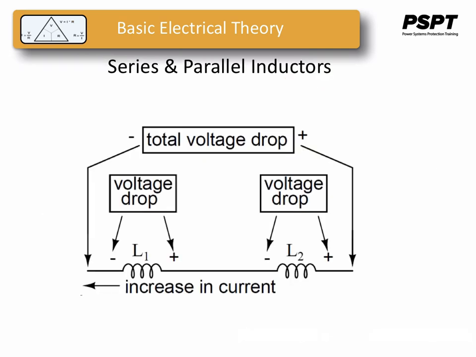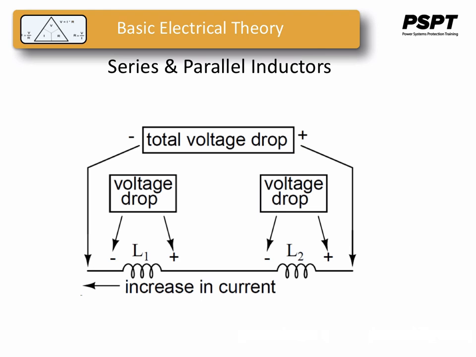When inductors are connected in series, the total inductance is the sum of the individual inductor impedances. To understand why this is so, consider the following. The definitive measure of inductance is the amount of voltage drop across an inductor for a given rate of current change through it.